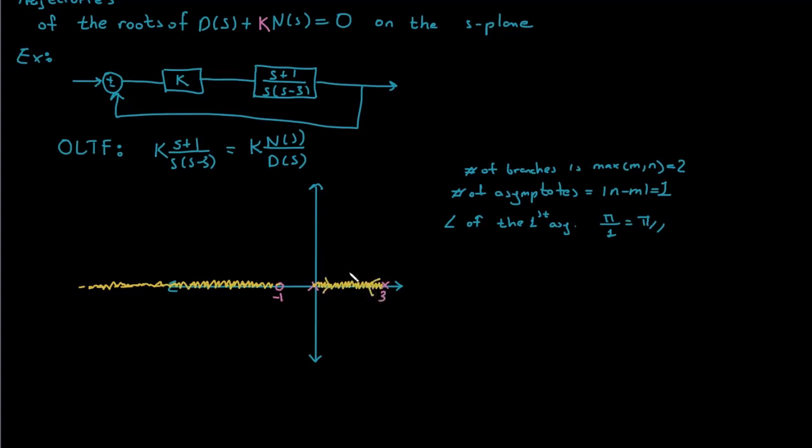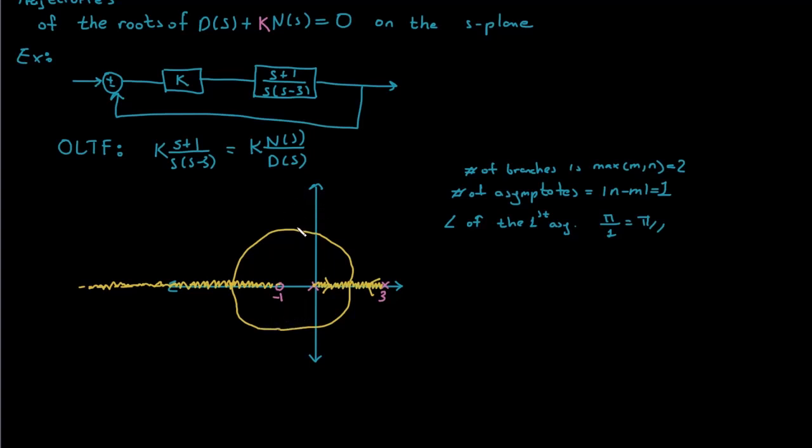And at a certain point, they will break away and pass to the left half plane over here and meet on the real line somewhere over here. I don't know the exact locations, but it will be something like this.